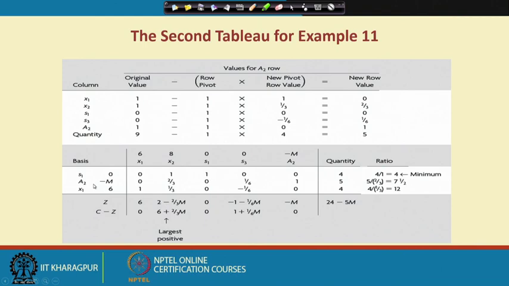In the case of earlier problems, our target was to remove all the slack and surplus variables from the basis matrix and bring the actual decision variables into the basis matrix, and that is the optimum solution.